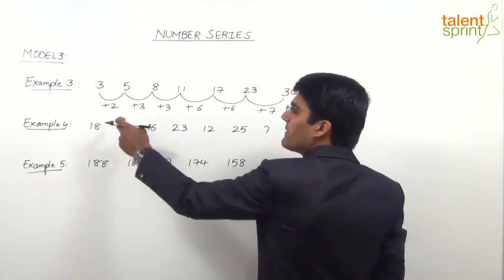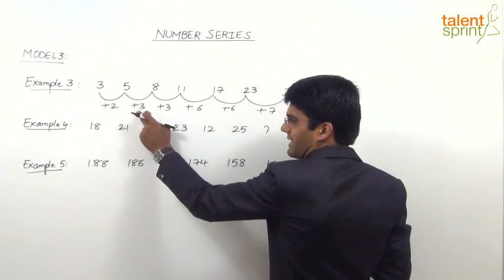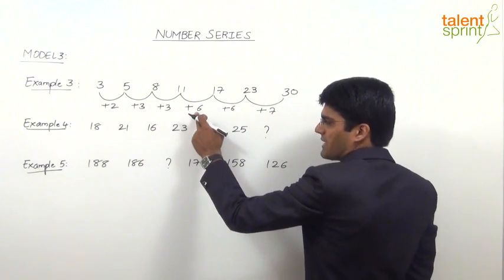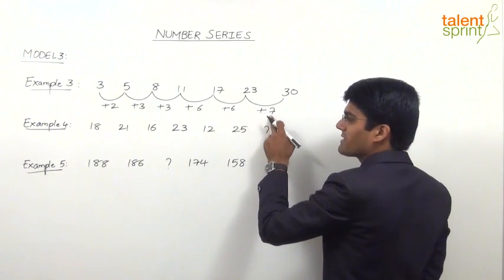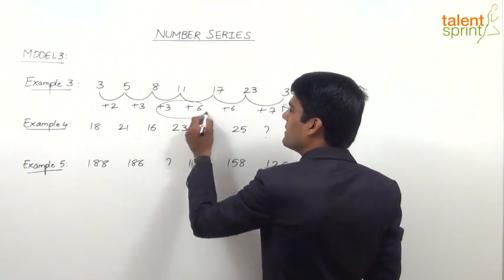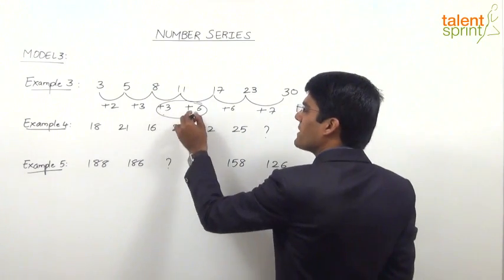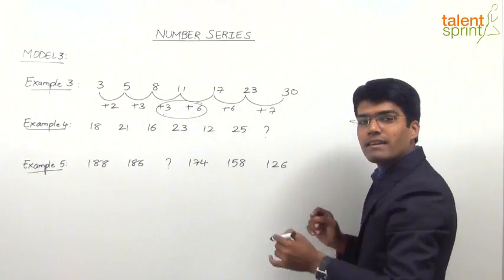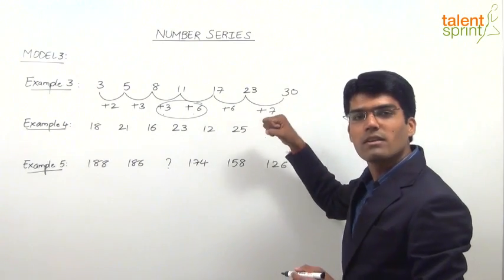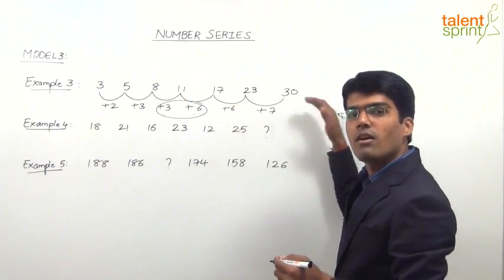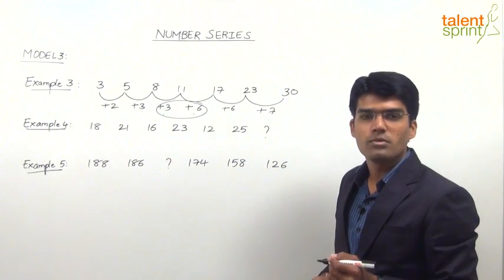If this is plus 2, plus 3, and this is taken as plus 4, plus 5, then this will be plus 6 and plus 7. That means there is something wrong between these two differences. If these are taken as plus 4, plus 5, then the complete series has a particular rule. That is, the differences are all natural numbers starting from 2.